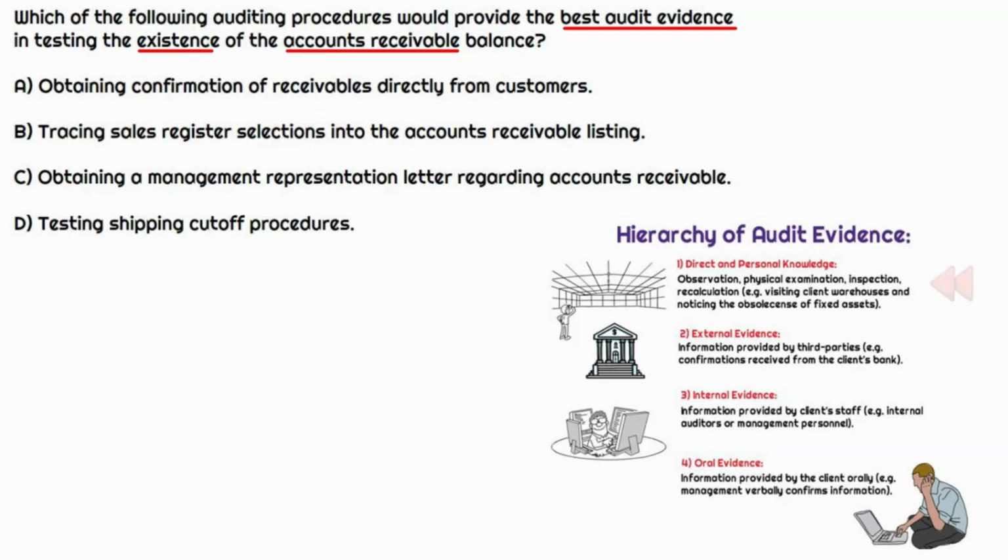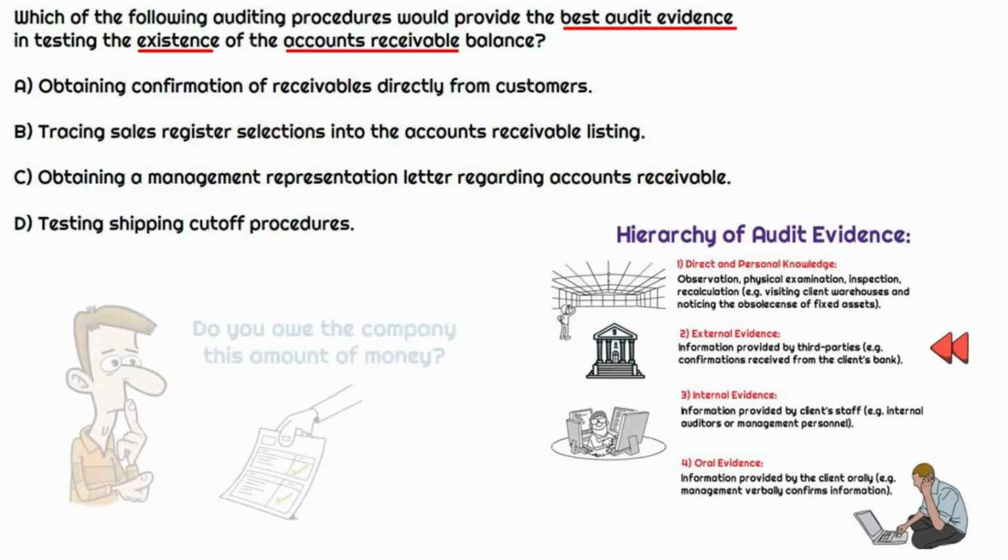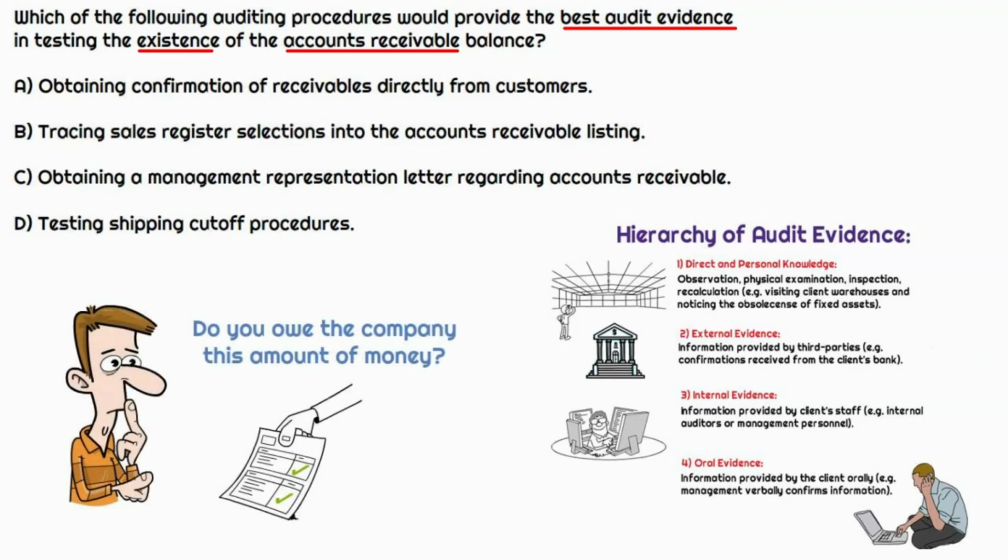So as you can see in the visual, well, direct and personal knowledge, right? Actually seeing it or talking to the company's customers and saying, okay, do you actually owe them money? Now, the next best piece of evidence is external evidence, which is when we would send, say, a confirmation to the customer. We're asking the customer to say, do you owe the company this amount of money?